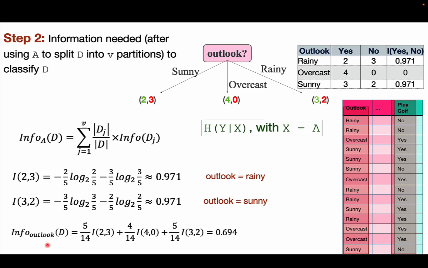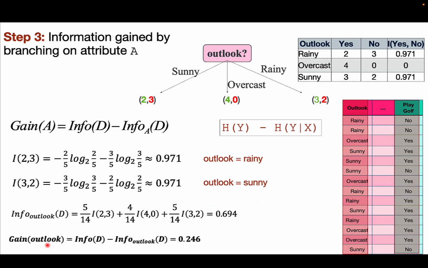Now we compute the weighted sum for the conditional entropy, and we end up with 0.694. To compute the information gain, we are going to find the difference between the entropy before the split and after the split, and we get 0.246.